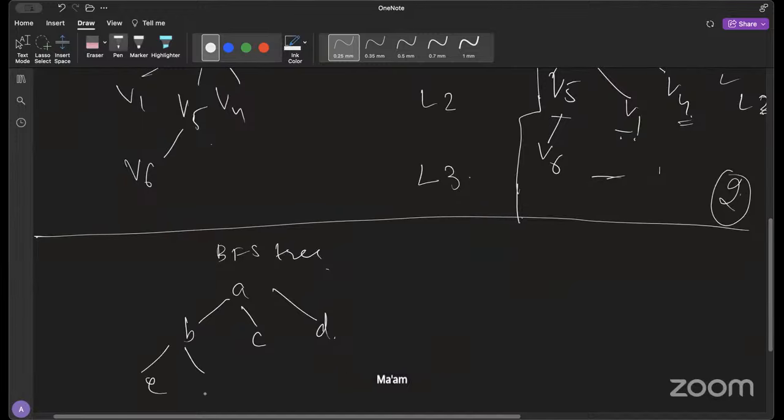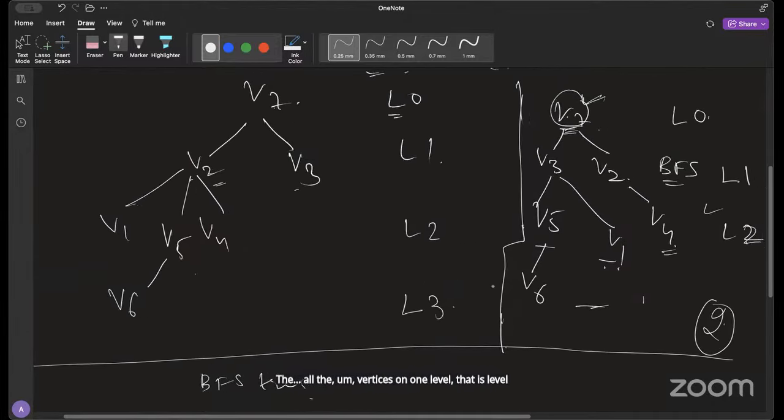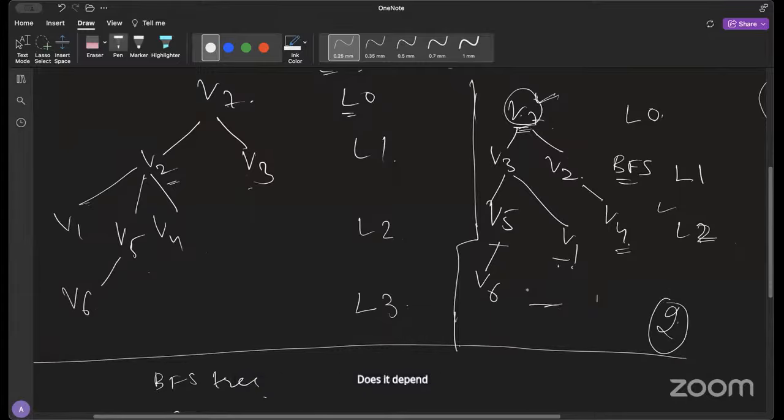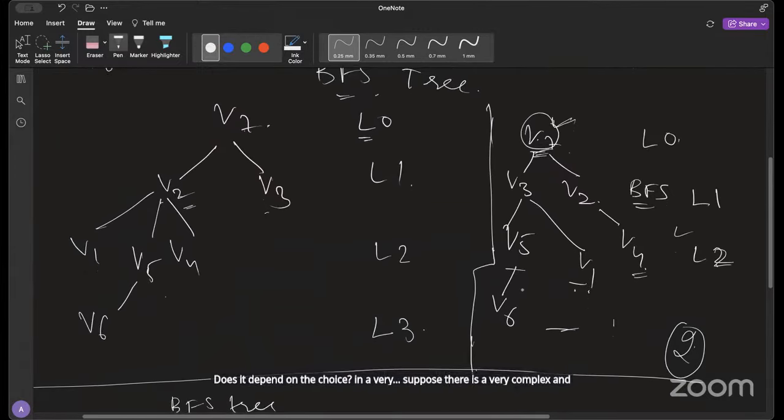Ma'am, I have a question regarding that. All the vertices on one level, that is level 1, maybe level 2, does it depend on the choice? Suppose there is a very complex and large graph, and we are making choices, there are various options.